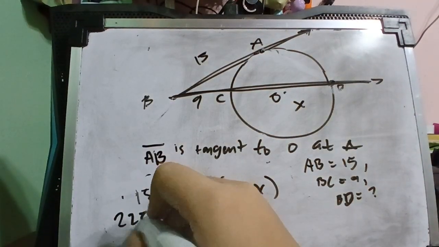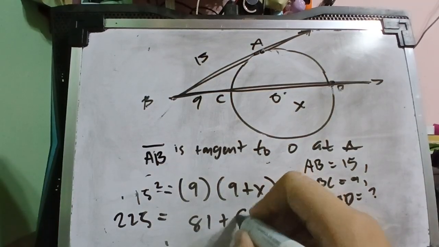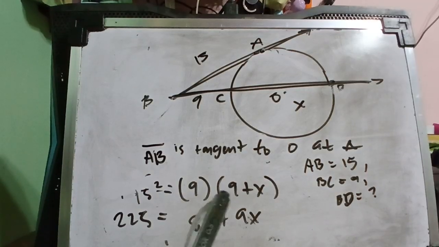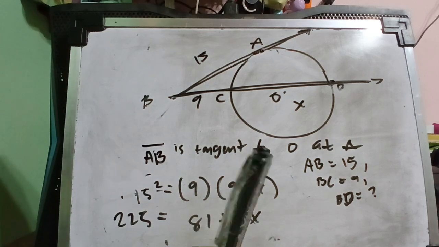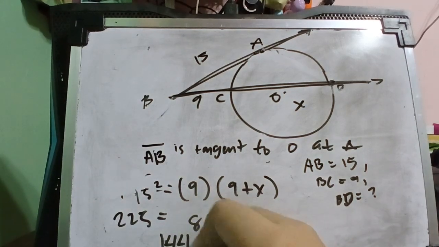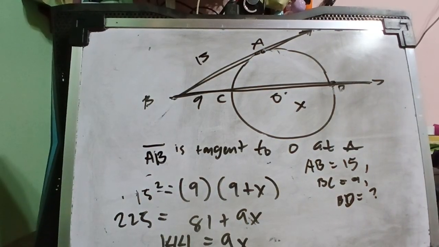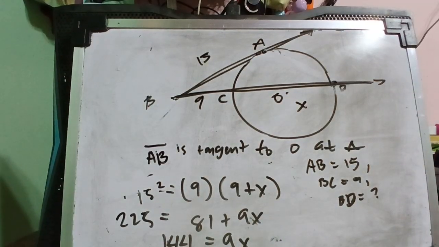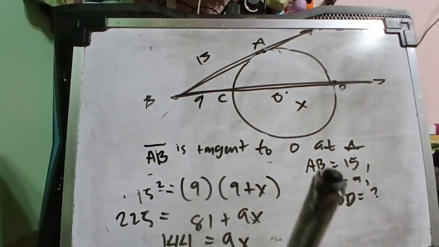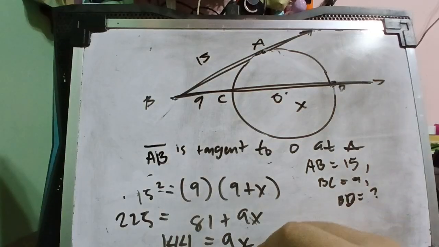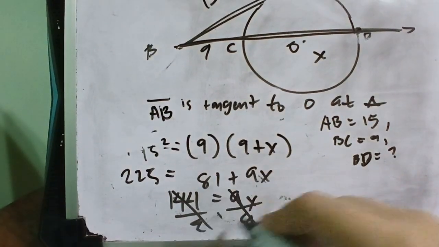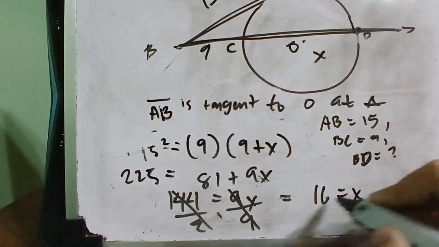So, 225 is equal to 81 plus 9x. Let's transpose 81 to the other side. 225 minus 81 is 144, equal to 9x. Divide both by 9. So, 16 is equal to x.